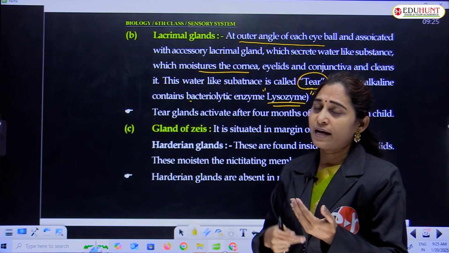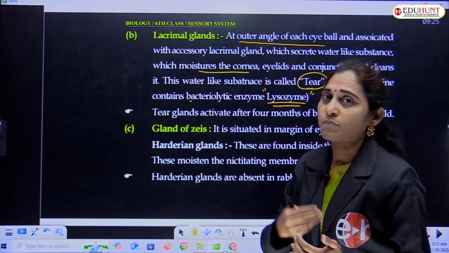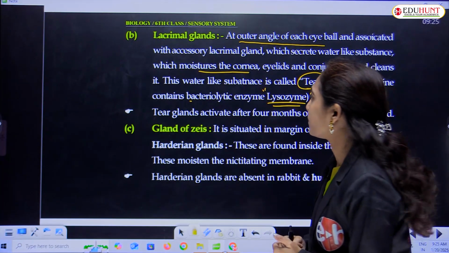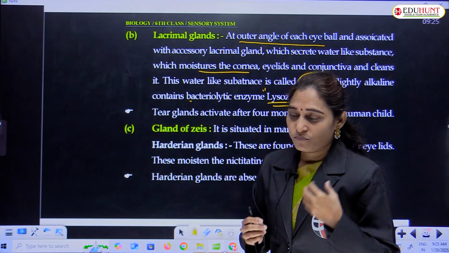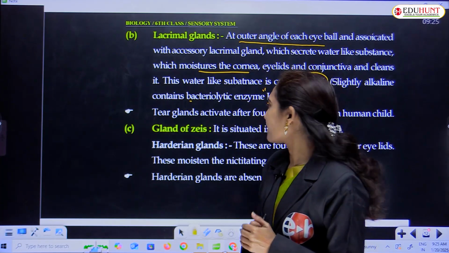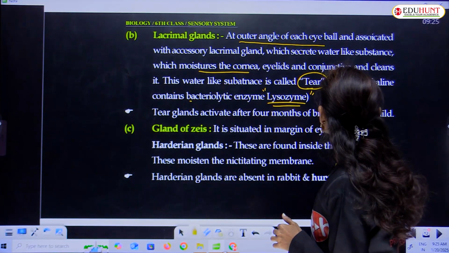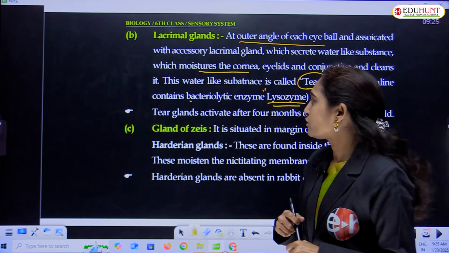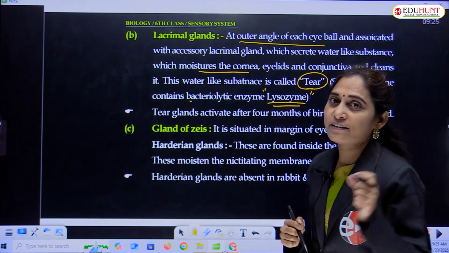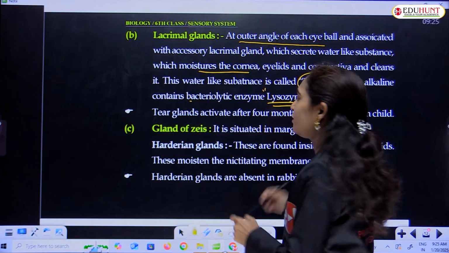These structures, eyelids, cornea, conjunctiva, we will see when describing the structure. The secretions are slightly alkaline in nature. Tear glands activate after 4 months of birth in human child.